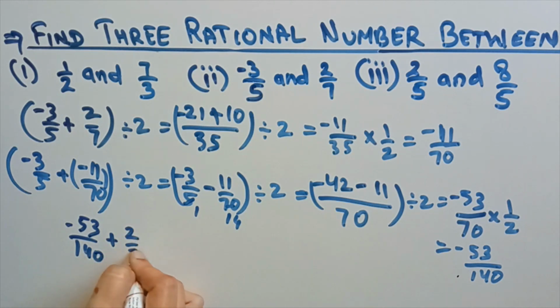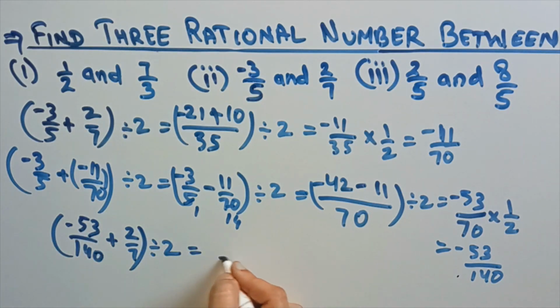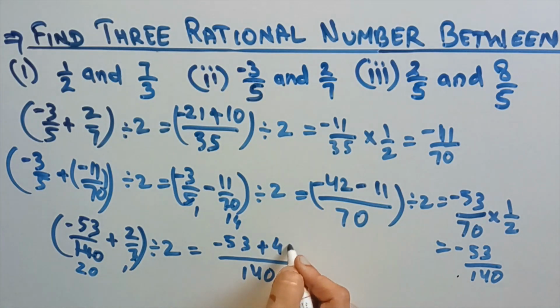Plus 2 by 7. This is divided by 2. Again I am taking LCM. This is 7 ones are 7, 7 twos are 14, 0 as it is. So 140 will come in the denominator. Now multiply minus 53 into 1. So minus 53 plus 2 twenties are 40.